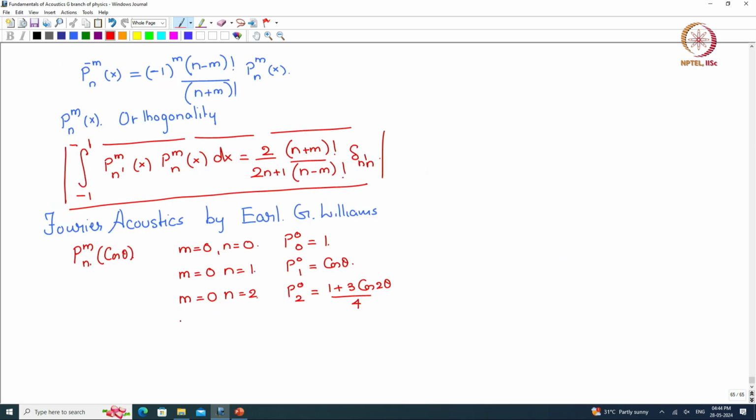Similarly, if we look at m equal to 1 and n equal to 1, what will it be? This function P 1 1 looks like minus sine theta.